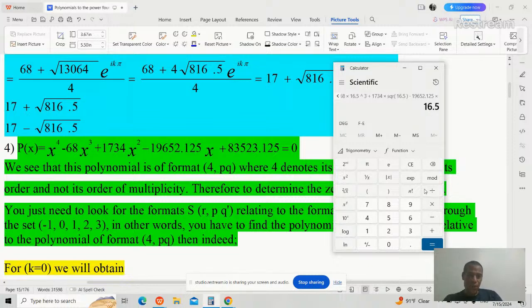If I make the equal sign, I should find negative this value, 83,523.125, so I will make plus 83,523.125. This one equal to 0.